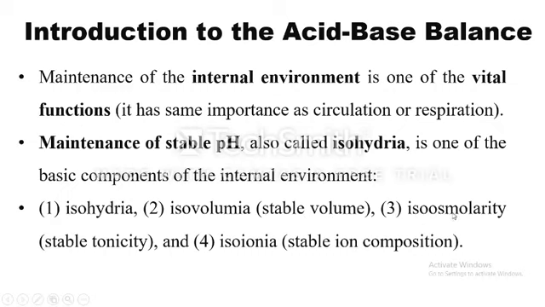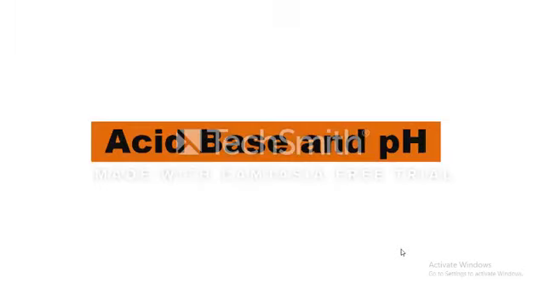Then there is osmolarity, which is related to osmosis, that basically controls or stabilizes the tonicity of the body fluid, meaning the ion concentration should be the same. And number 4 is ionia, that is the stable ion composition. So these are different functions that our body has to maintain to perform proper function, and they are maintained by the body, and these are all vital functions.